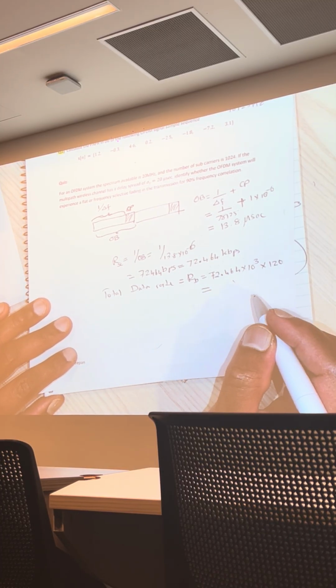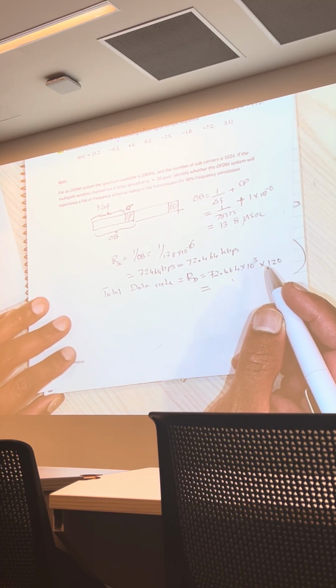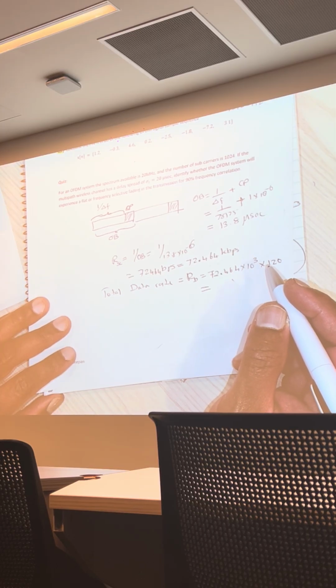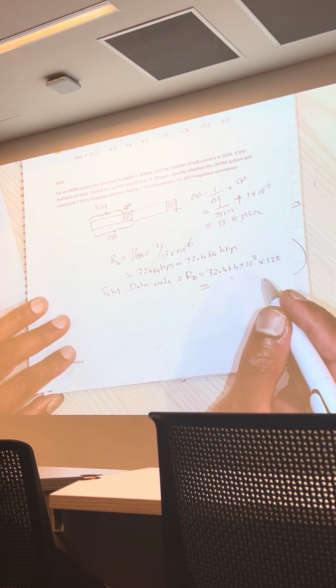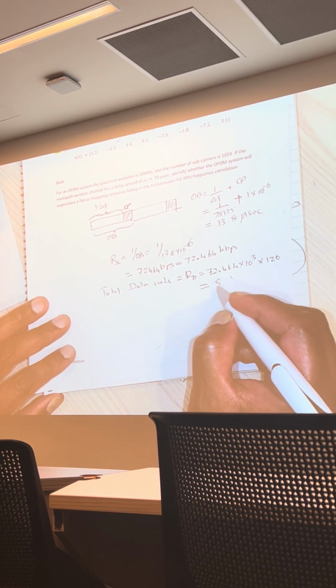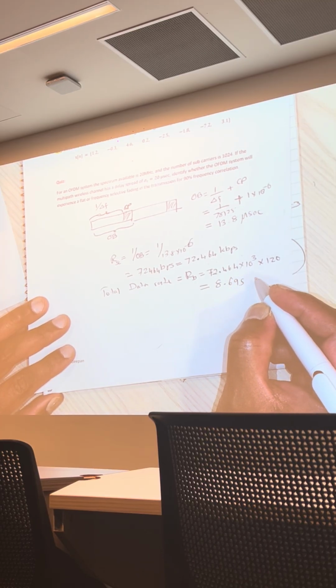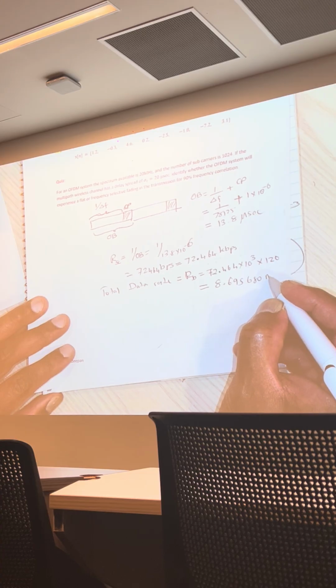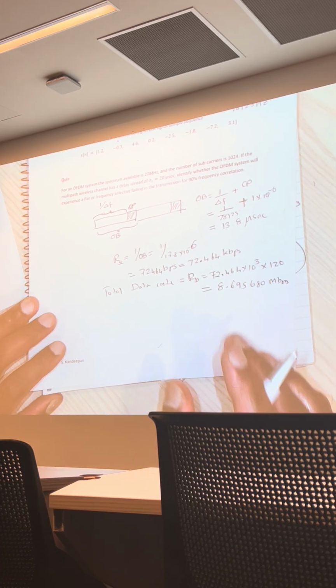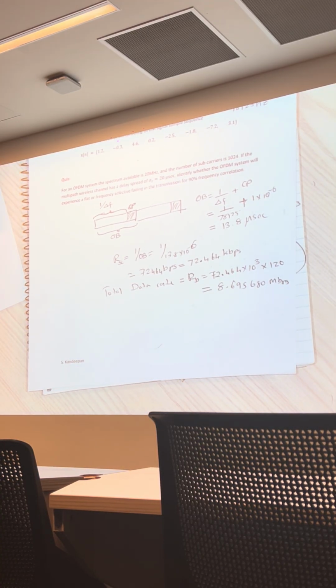I think we ran over time. That gives about 8.695680 megabits per second. Okay.